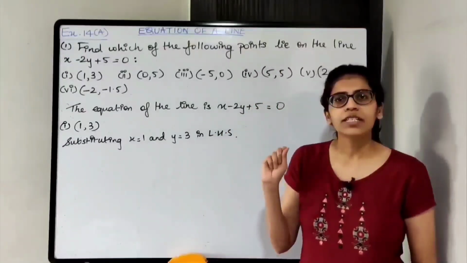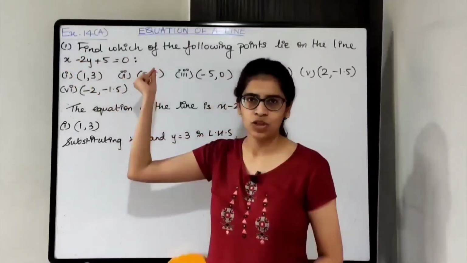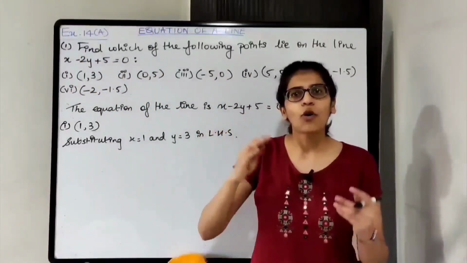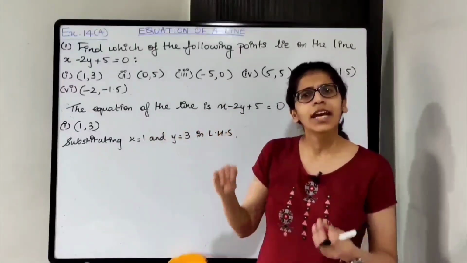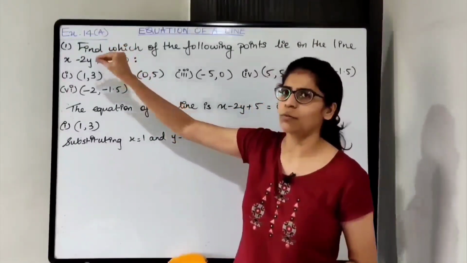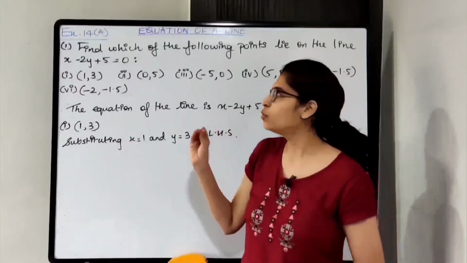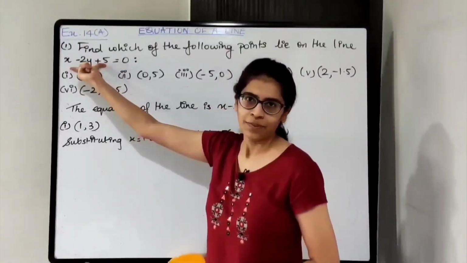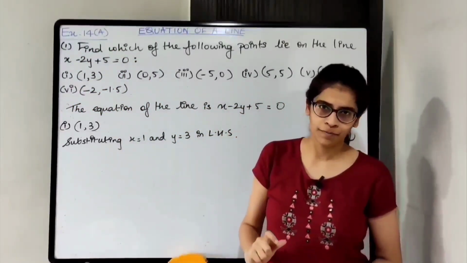You are going to make the substitutions in LHS, not in the entire equation. You are not told the point is lying on the line. When you are told that it is lying on the line, then you can substitute in the equation. But if you are supposed to find out, then you will substitute in LHS only. And you have to find out if you are getting LHS equal to RHS or not. Okay?